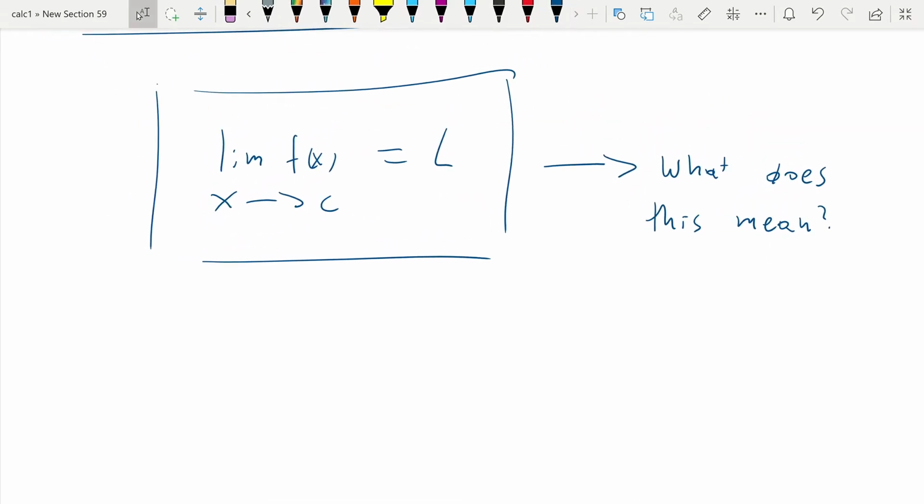You probably remember this notation from previous courses. The limit of f of x as x approaches c is equal to L.